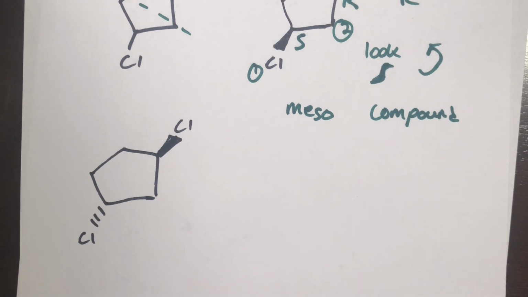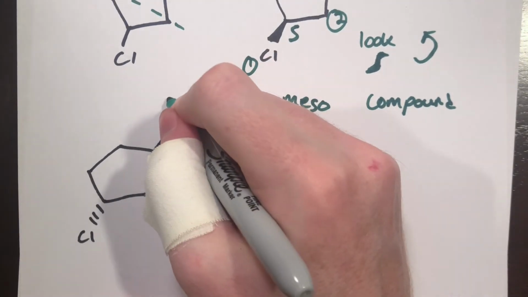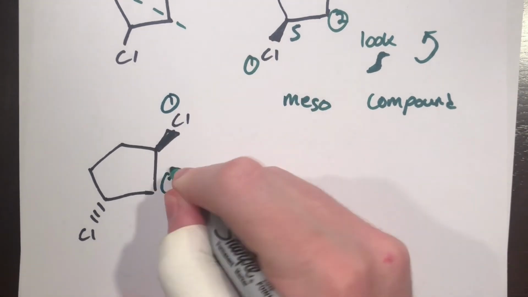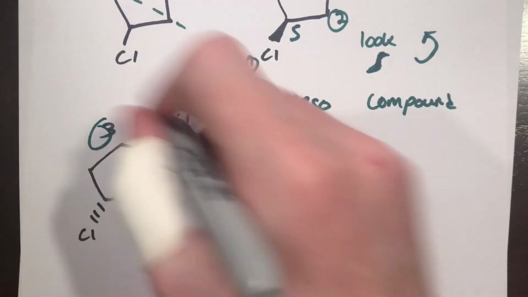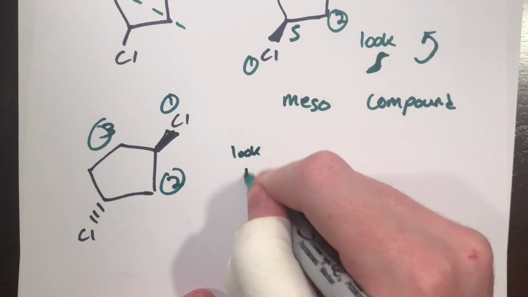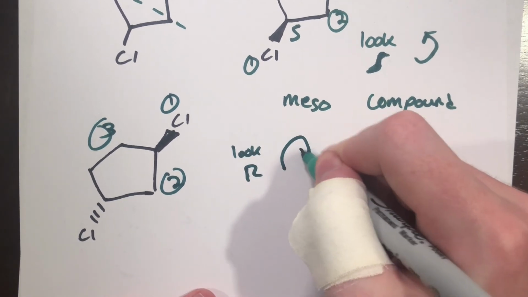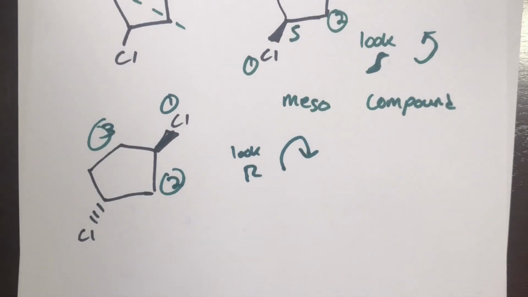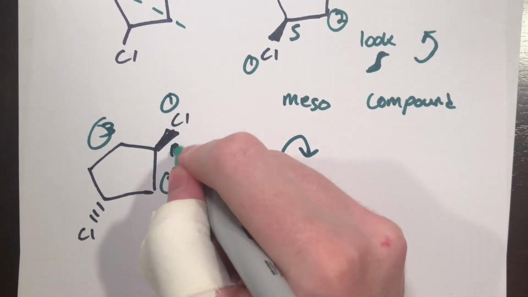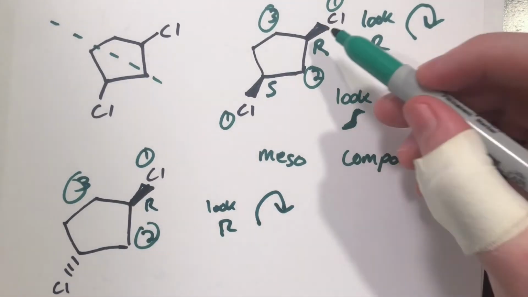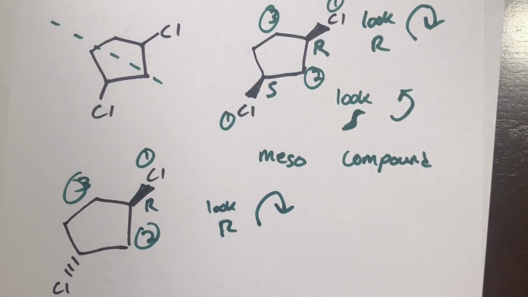Now, let's look at this molecule, assess the absolute configuration. So we have highest priority, second, third. That looks like R because it's going clockwise. The hydrogen is in the back, so it is R. And notice that this is exactly the same as here, so it should be the same at that chiral center specifically.